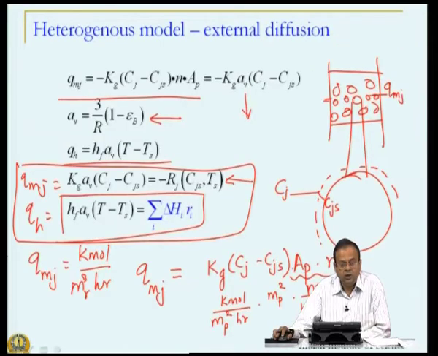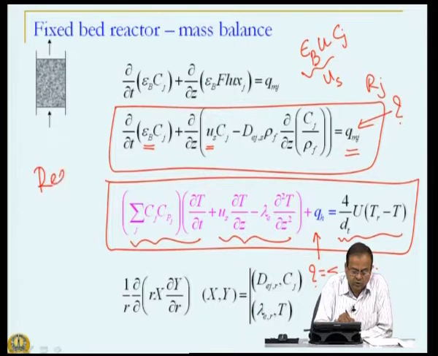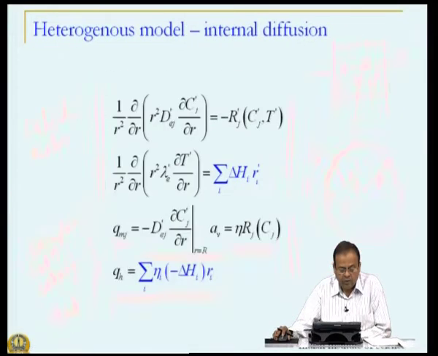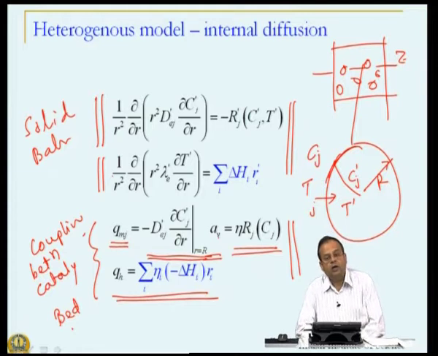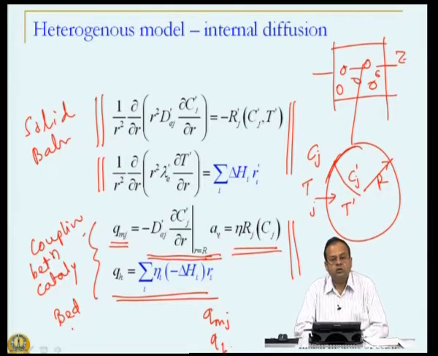Where is this coupling used? This is my reactor equations, and these two quantities couple these reactor equations with my bed equations, and that is why we initially chose to write QMJ and QH as the rate of generation of species J in the bulk and rate of generation of energy QH in the bulk.